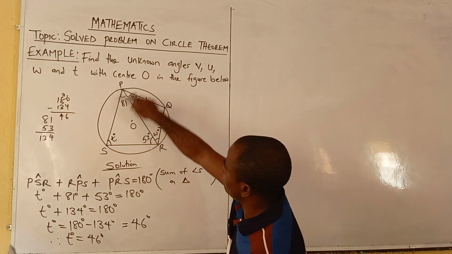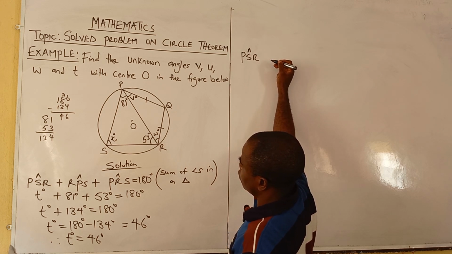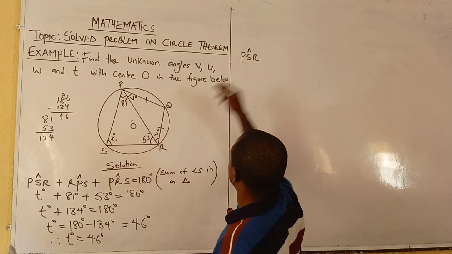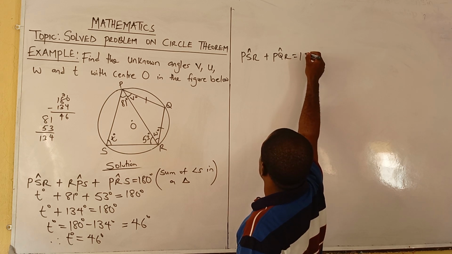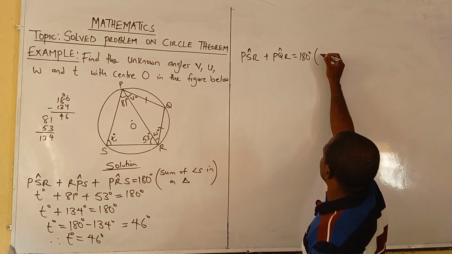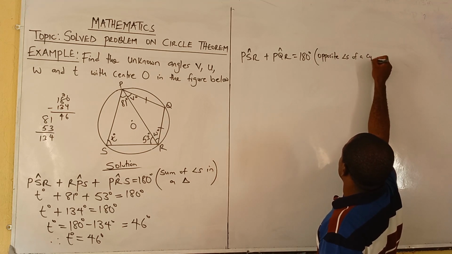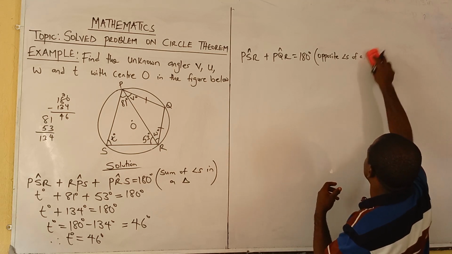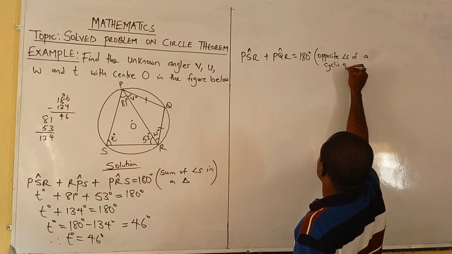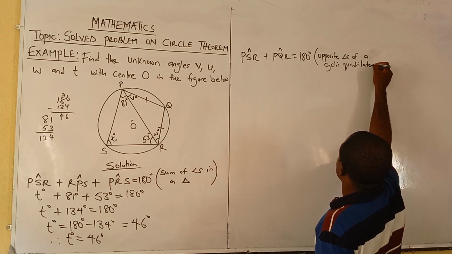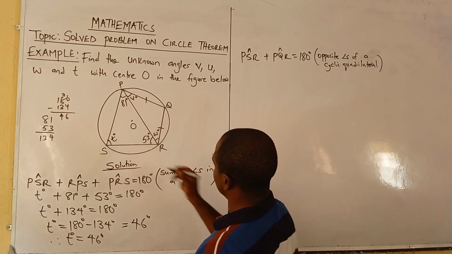Okay, now say angle PSR plus angle PQR equals 180 degrees. What is the reason? Opposite angles of a cyclic quadrilateral. What's our angle PSR?